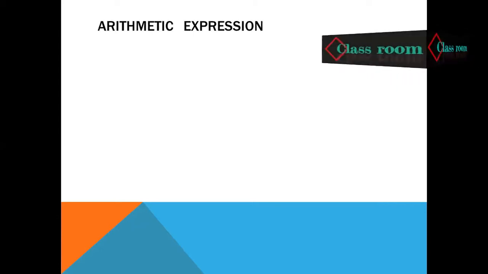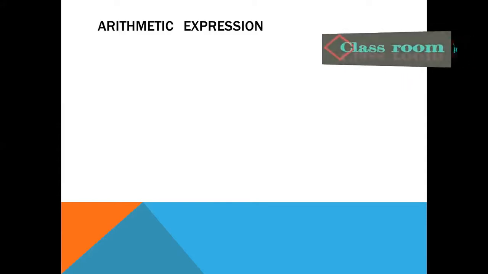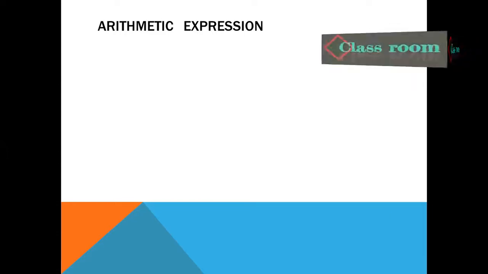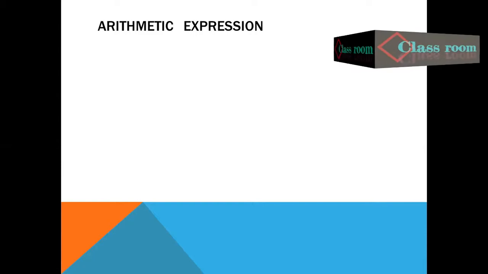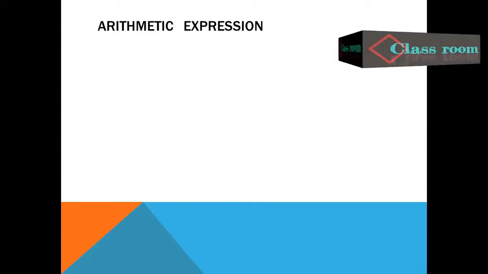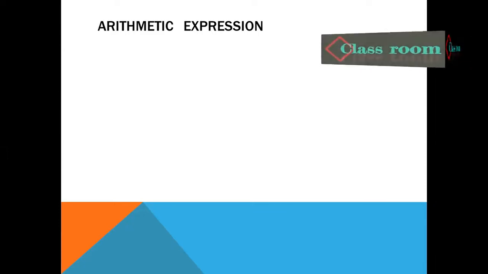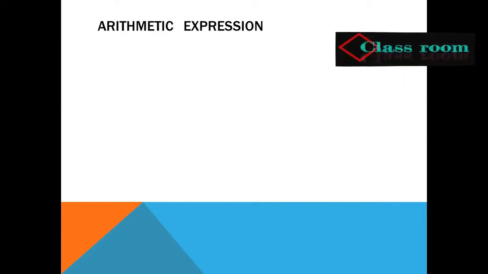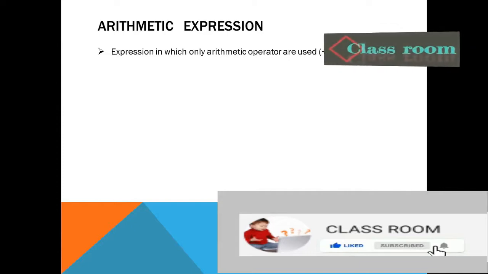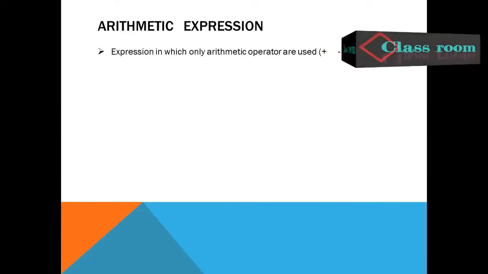Now after this we will learn about arithmetic expression. What is an arithmetic expression? As you know, arithmetic means mathematical operations, which include sum, subtraction, multiplication, division, or in C's case modulus, or we can say remainder operator operation. So an expression in which only arithmetic operators are used is called an arithmetic expression.